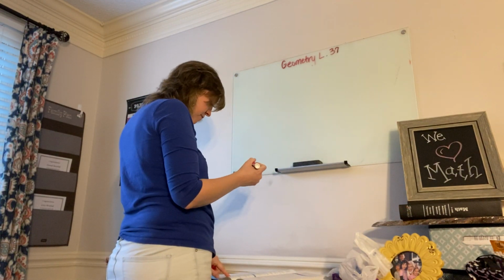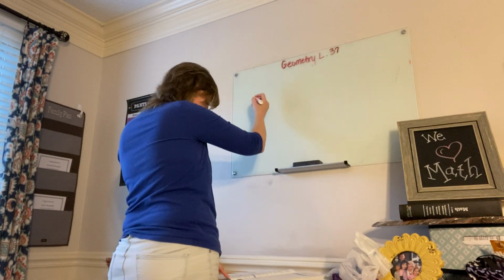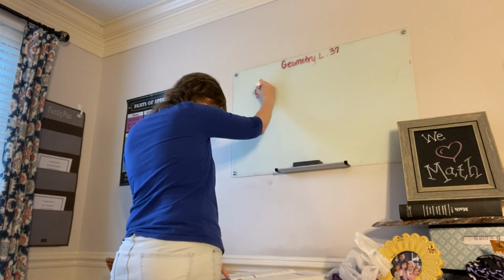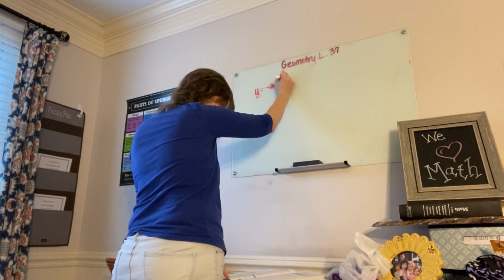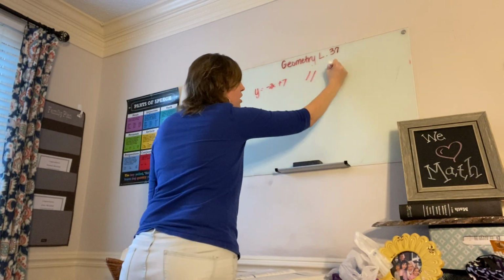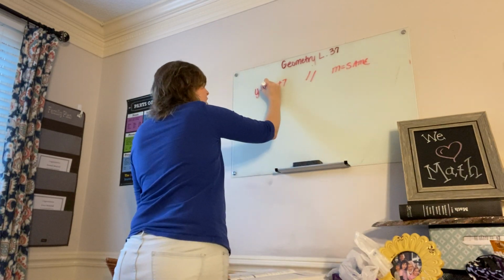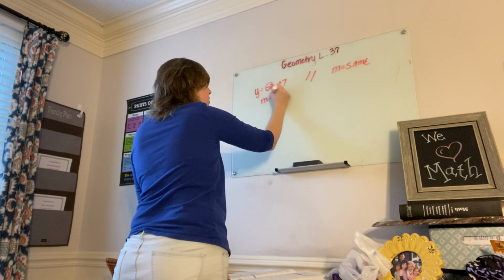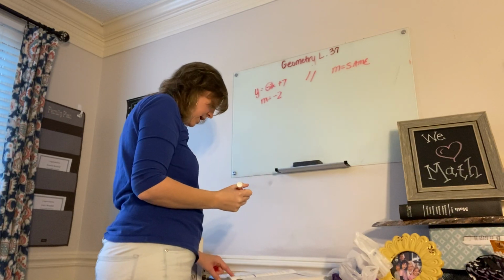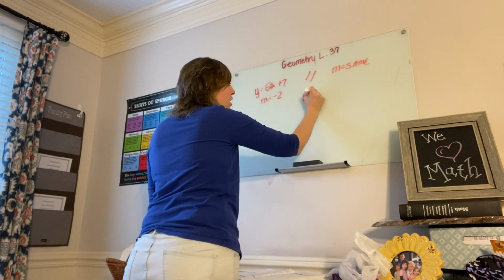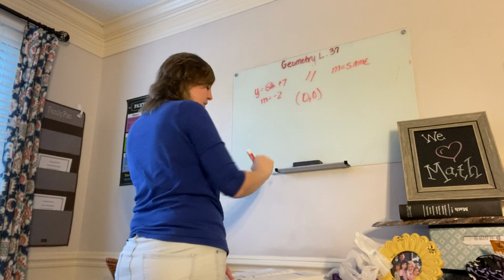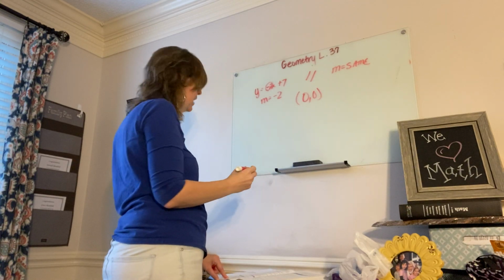So letter D, find and graph a line that is parallel to y equals negative 2x plus 7, and we're looking for parallel. So immediately we know their slopes have to be the same. Now the slope of this, m equals negative 2. That's very important. But it has to pass through the origin. Well, the origin is 0, 0. They're testing if we know what that is, right?